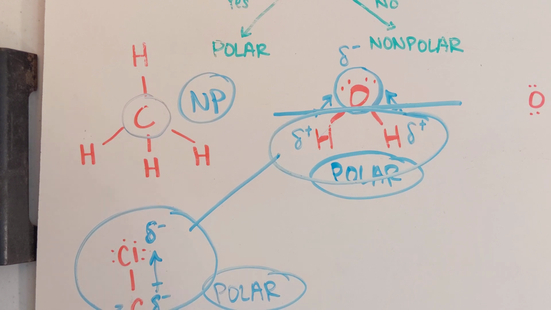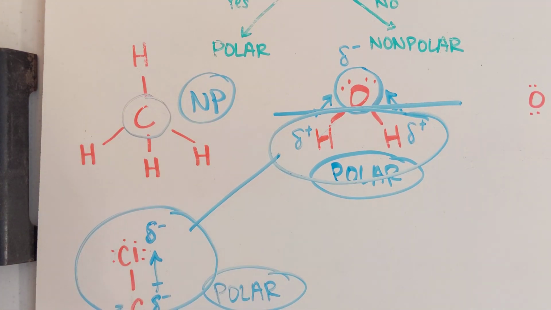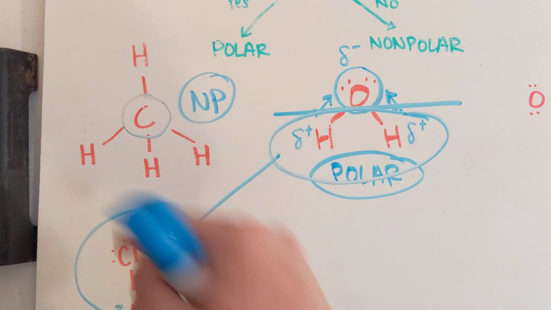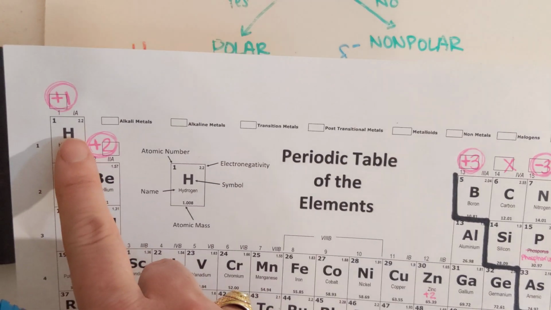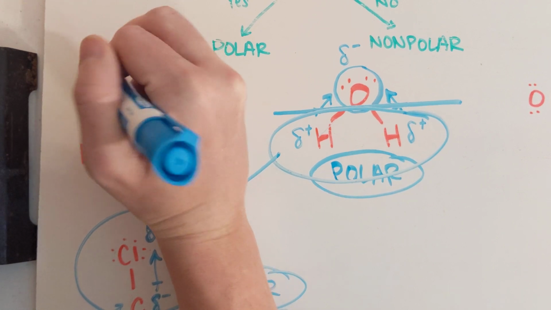Okay? Now, truly, just to get a little more involved, you can see symbols on a nonpolar molecule. So if I compared carbon to hydrogen, carbon has the 2.55 and hydrogen has the 2.2. So it does what we kind of just showed.